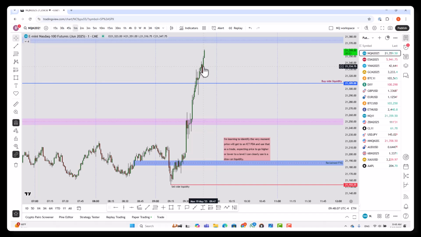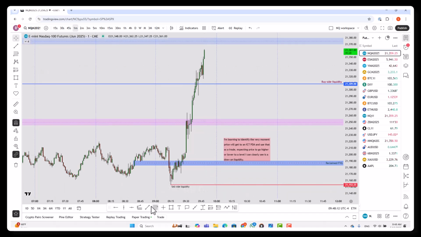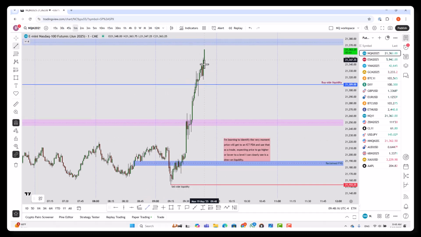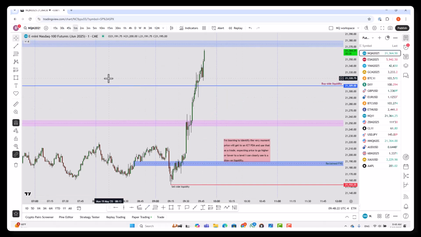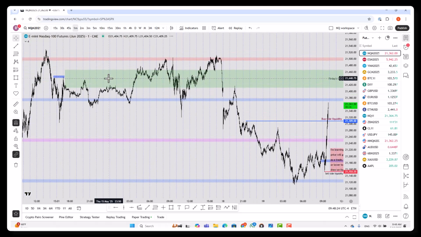An order block, that's interesting. I need to know this one. Where are we going? As we said, we're drawn back to Friday's opening range gap.